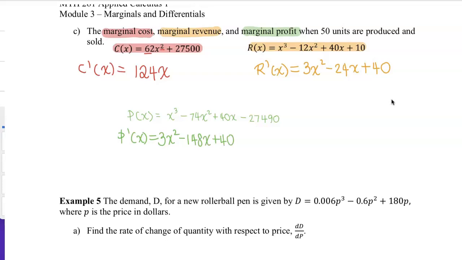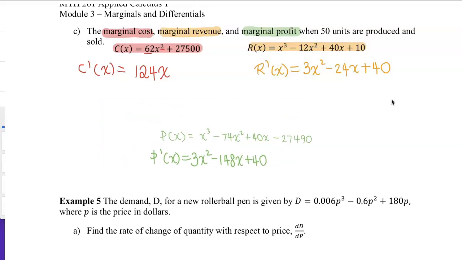Okay, so we found these three marginal functions. Now they want us to find these values when 50 units are produced and sold. So all we have to do is plug in 50 into each of these, and lastly plug in 50 into the marginal profit function.